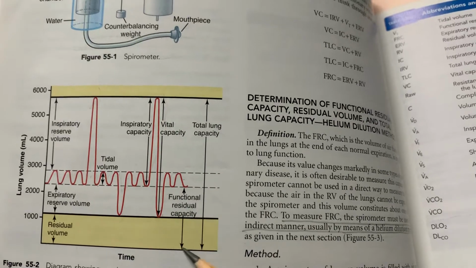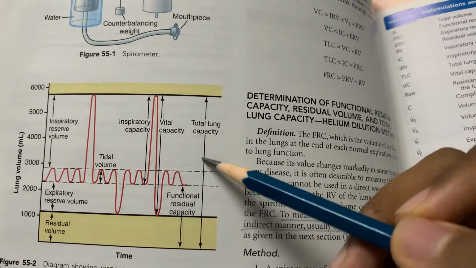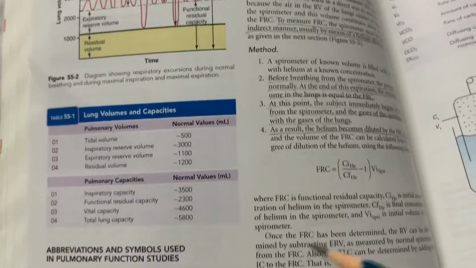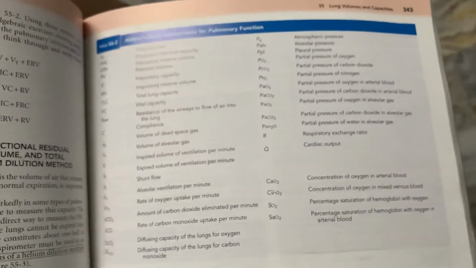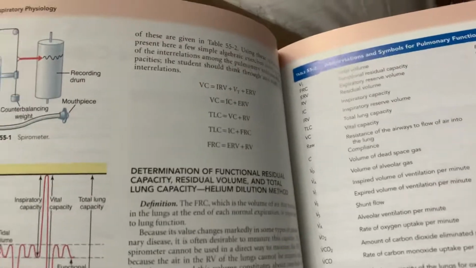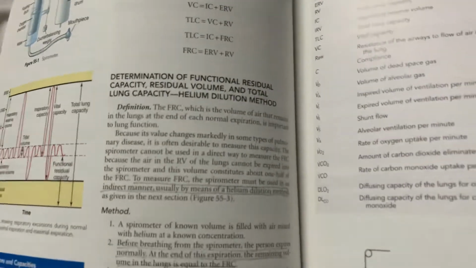And this is your total lung capacity. Next, we have different abbreviations and symbols that are used. When we talk about the different equations, we can understand them by the definitions itself.